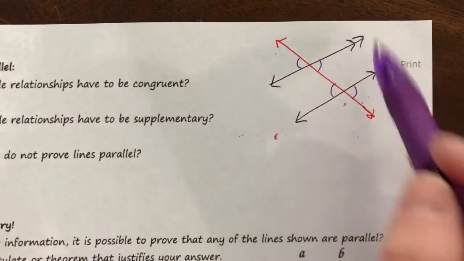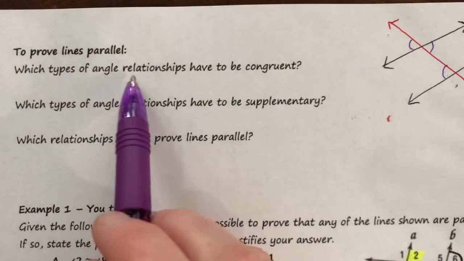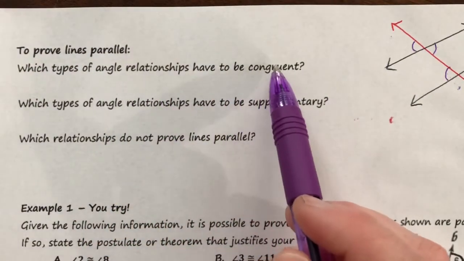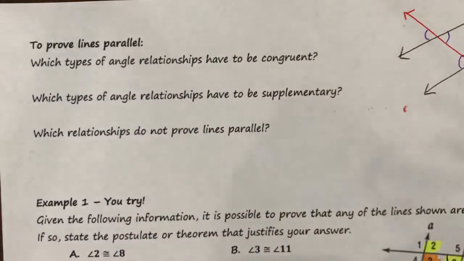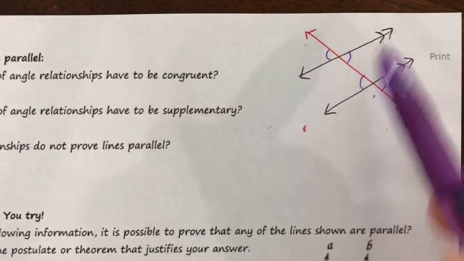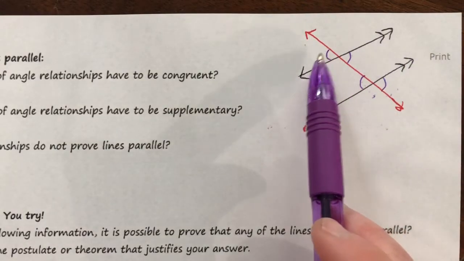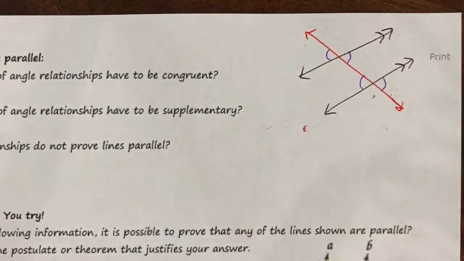So I'm going to tell which angle relationships have to be congruent to prove lines parallel. Well, if these two lines are parallel, I know corresponding angles have to be congruent.